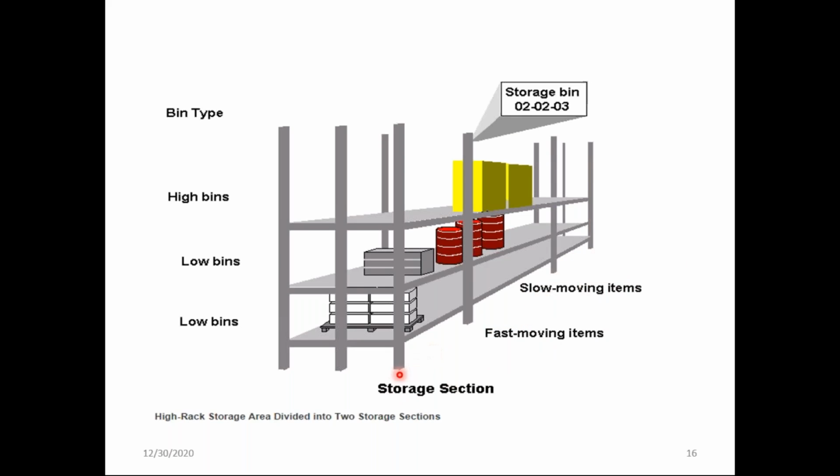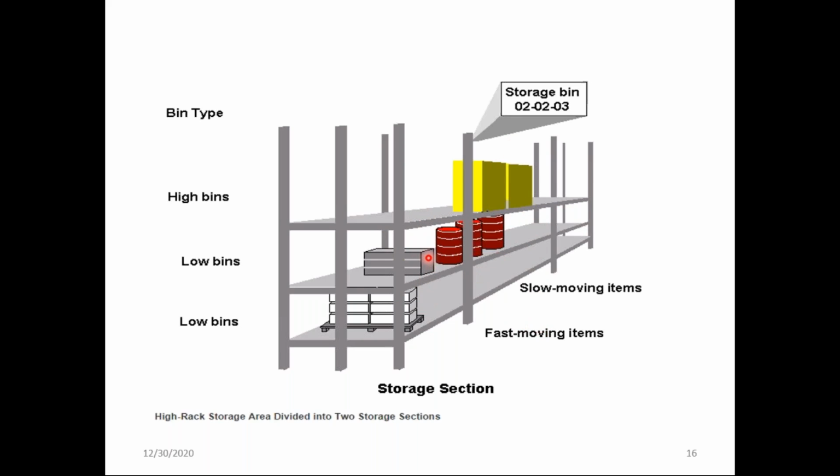So let's say aisle 1, rack 1, or aisle 1, section 1. This is an example of a storage section. Here we have fast moving items, here we have slow moving items.